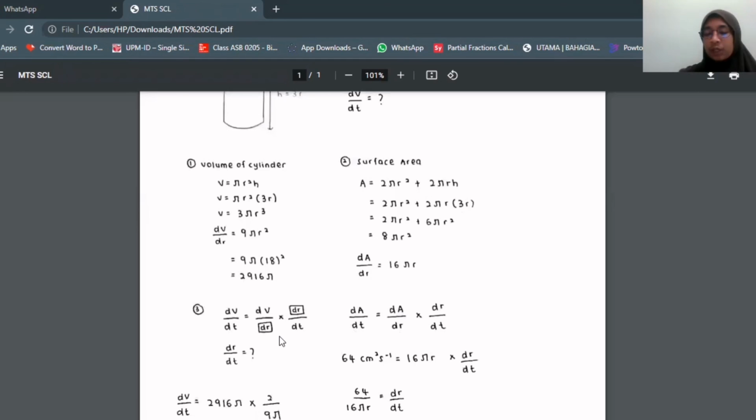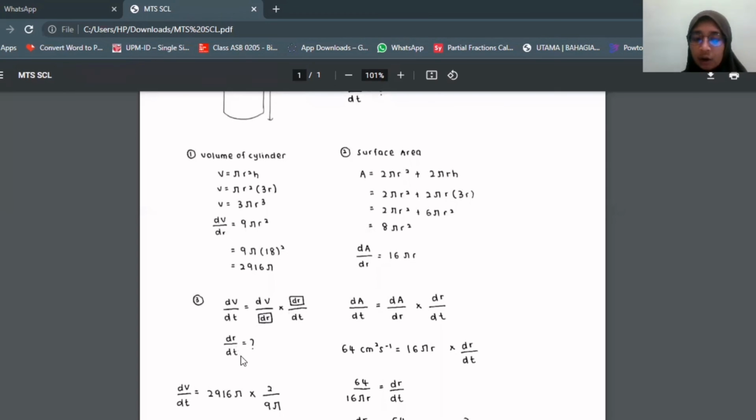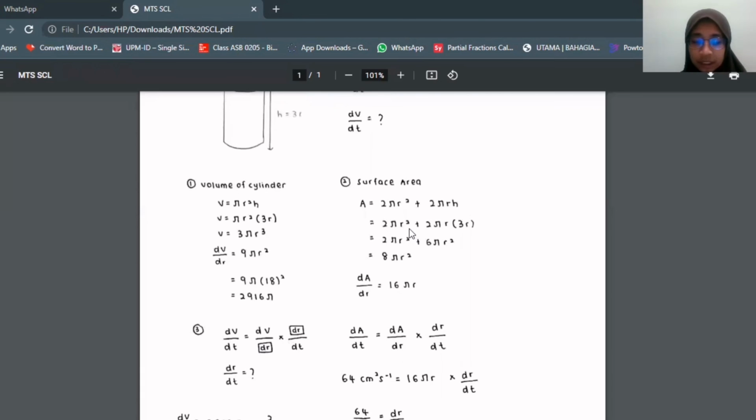So we use the concept of chain rule. The question asks for dV over dt. So we put dV here and dt here, and the blank we fill with dr. In order to get dr, we can find dr over dt. Before we get dr over dt, we use the surface area, as the rate of change of the surface area is given in the question.